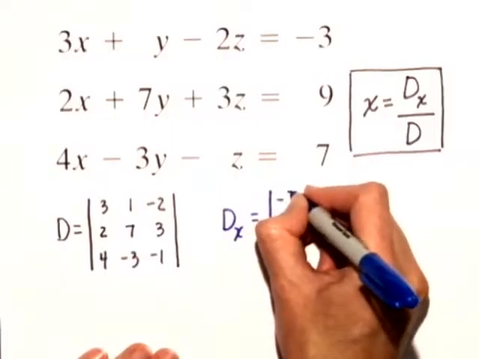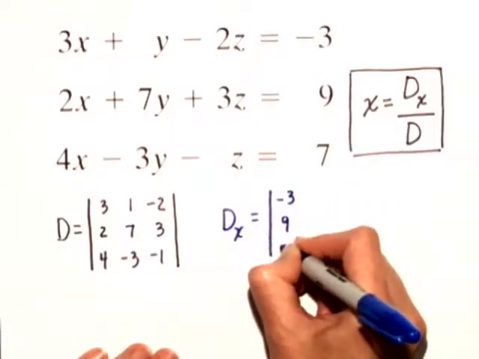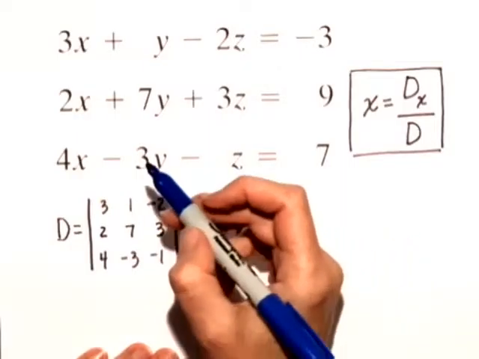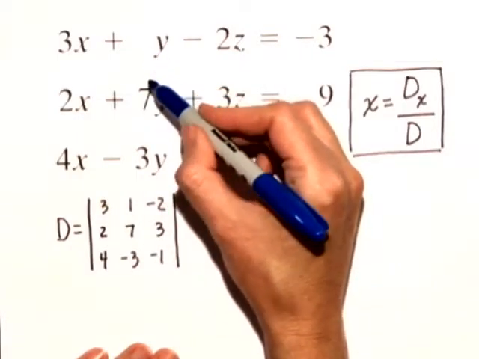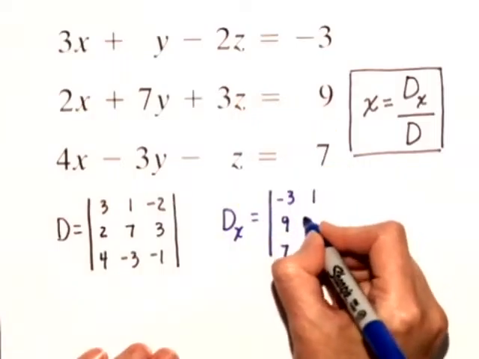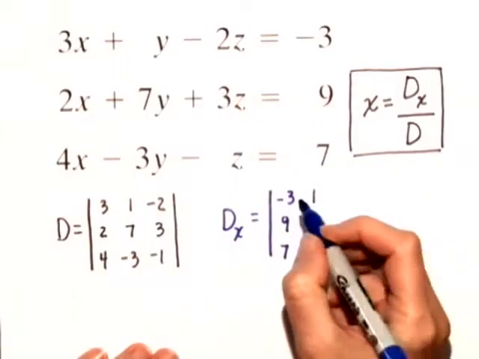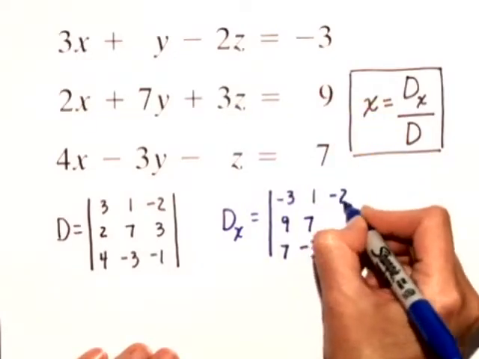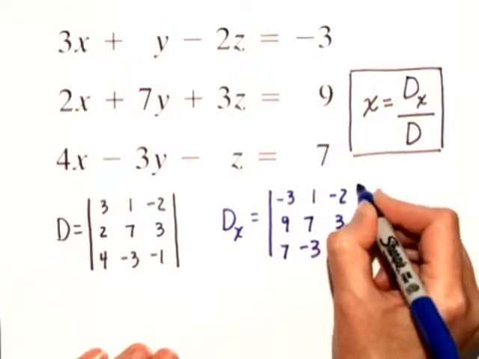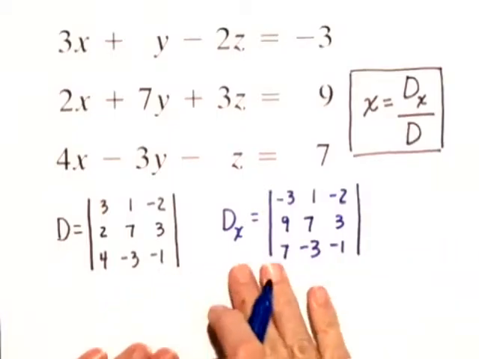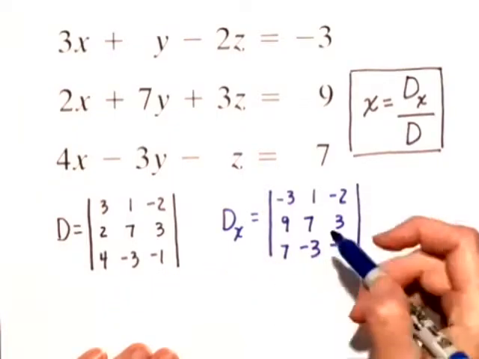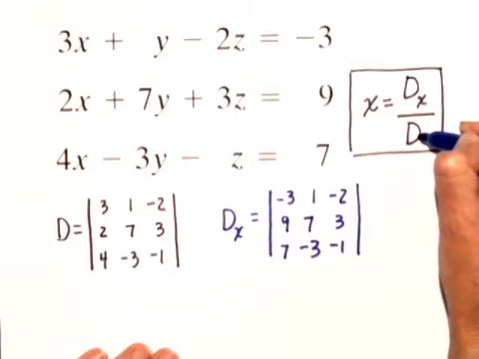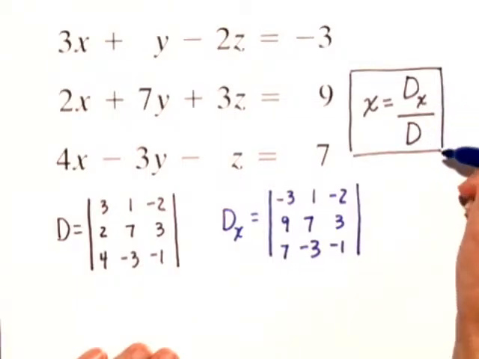So we'll have negative 3, 9, and 7, and then the other coefficients will remain as they were. The y coefficients will remain 1, 7, and negative 3. And the z coefficients will be negative 2, 3, and negative 1. So we just need to evaluate these two determinants, find the ratio, putting d sub x in the numerator over d in the denominator, and simplify that, and we have our answer.